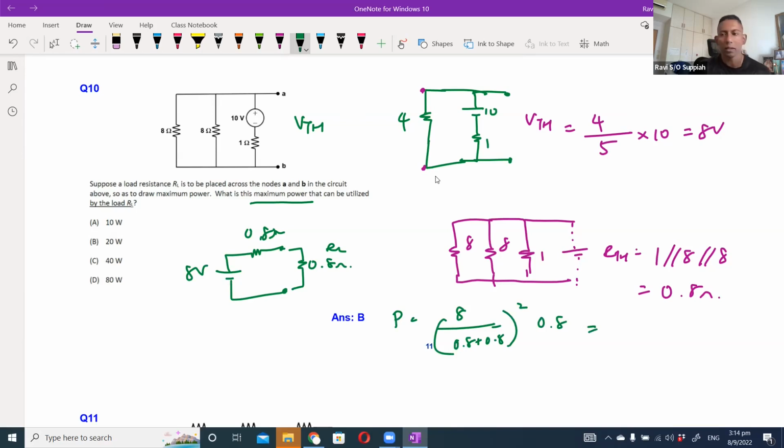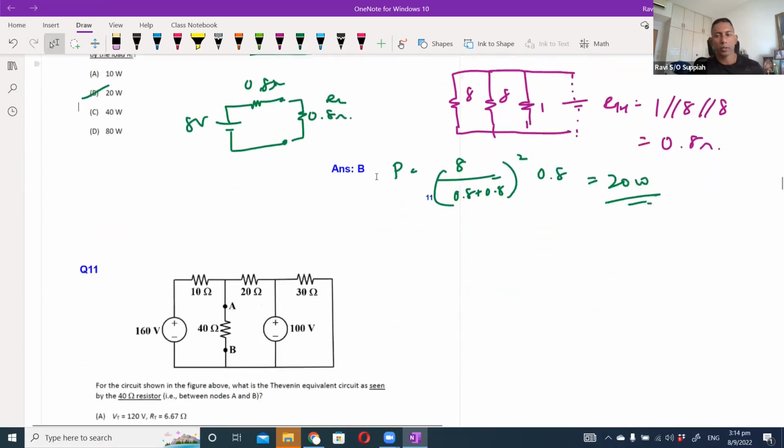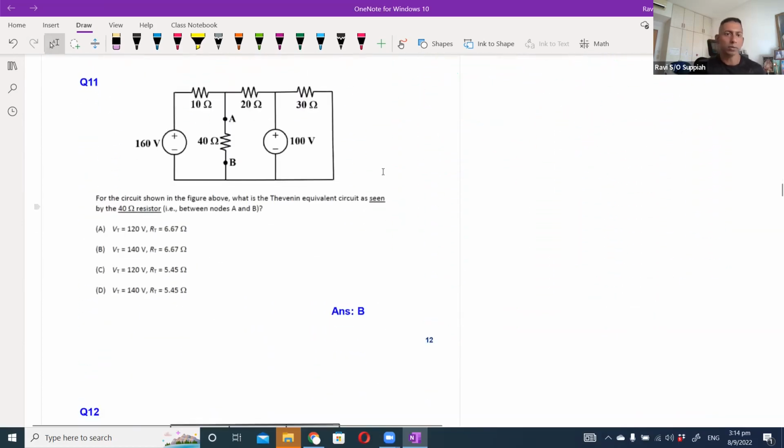And that will give me 20 watts. You can see that these are all quite similar to the questions you have seen in the tutorial also. It's just coming back to the basic concept. As long as your concepts are clear, you just apply them to find the solution.